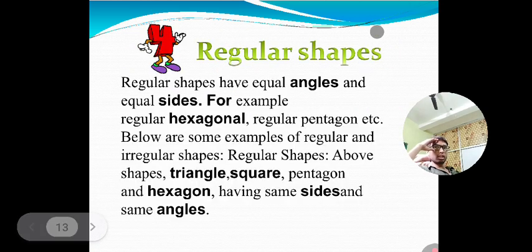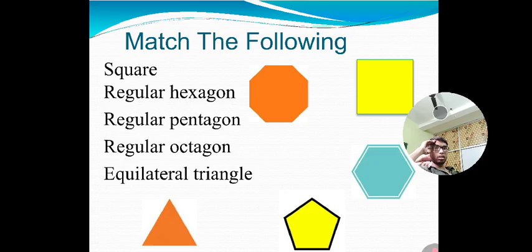But regular shapes have equal angles and equal sides. For example, here you can see the size of each line segment is the same. The side of this would be equal to this, equal to this, equal to this.